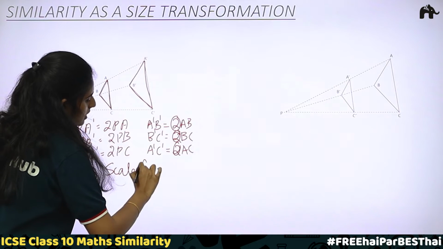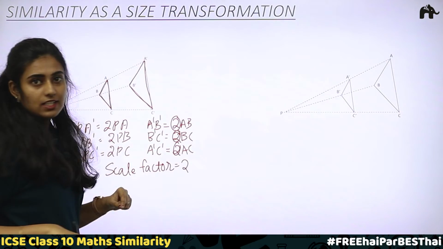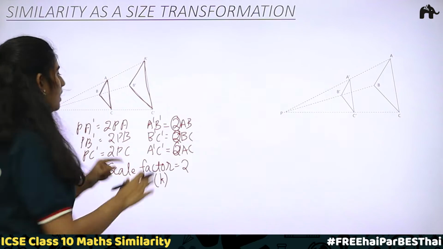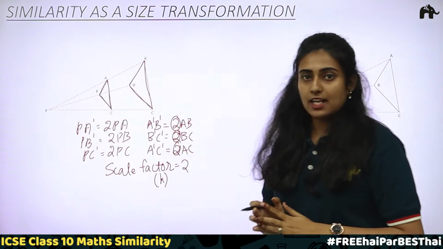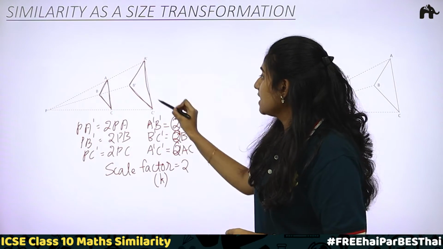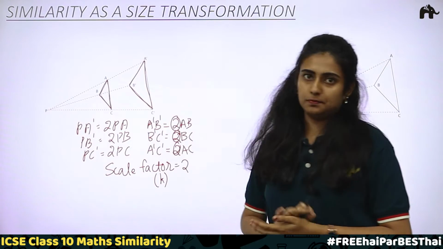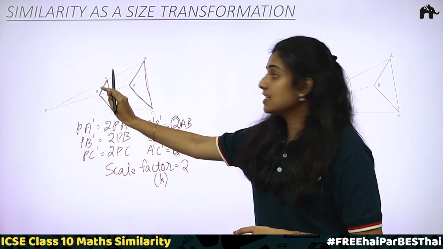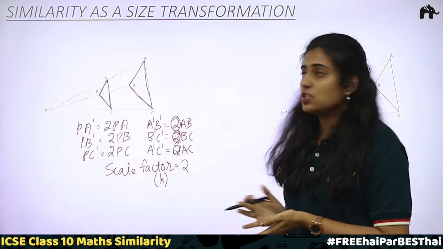Here, scale factor is 2 and scale factor is represented with the letter K. Here, the enlarging of triangle has happened. That is, A dash B dash C dash is an enlarged version of triangle ABC. This is the actual triangle or the object. We consider this as the object and this is taken as the image, the enlarged version.